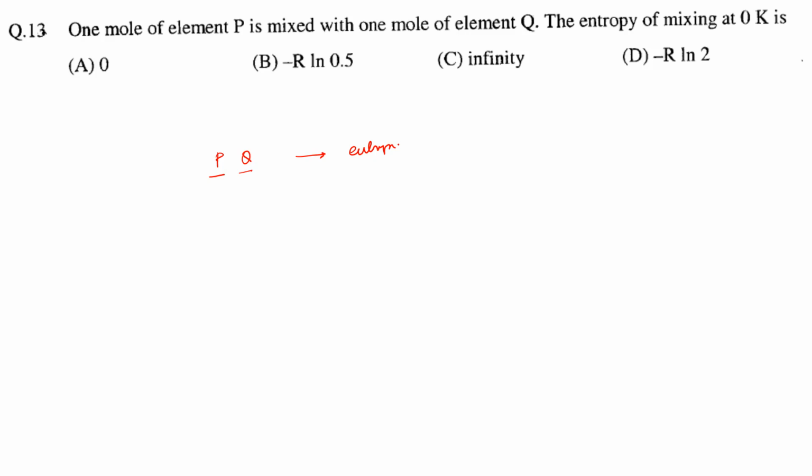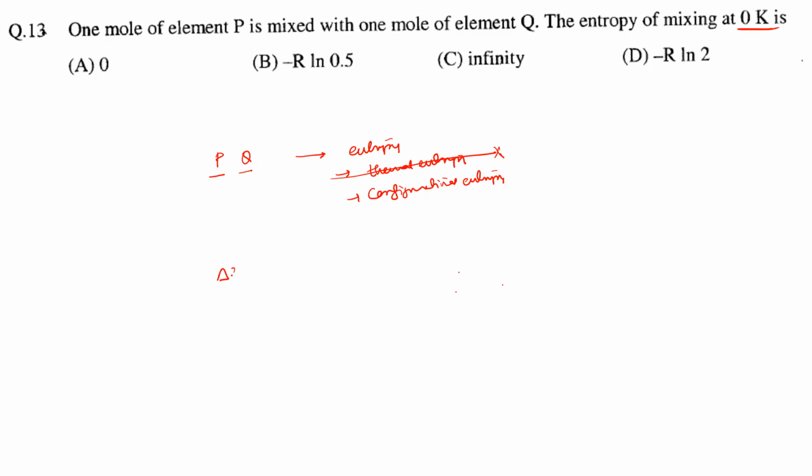There will be two kinds of entropy basically: thermal entropy and configurational entropy. Now since the temperature is 0 Kelvin, at 0 Kelvin the thermal entropy vanishes. So we are only left with configurational entropy.